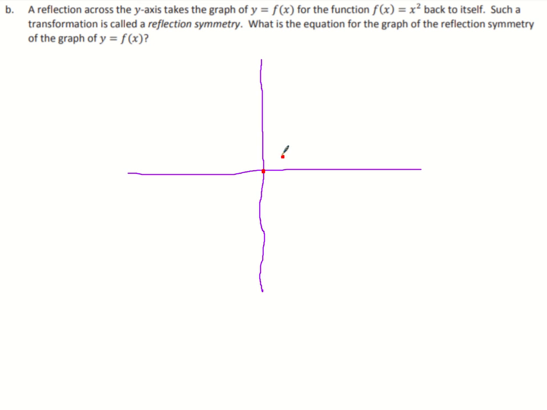Remember, it's going to look a little bit something like this. And again, this is just a rough sketch.